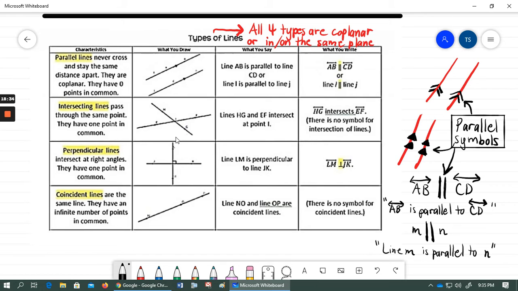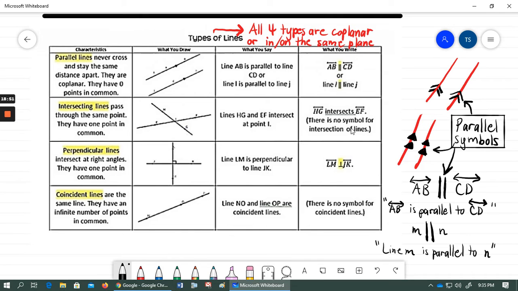That's one way to know you've got perpendicular lines. If you see two lines with that right angle symbol, those two lines intersect, forming right angles.